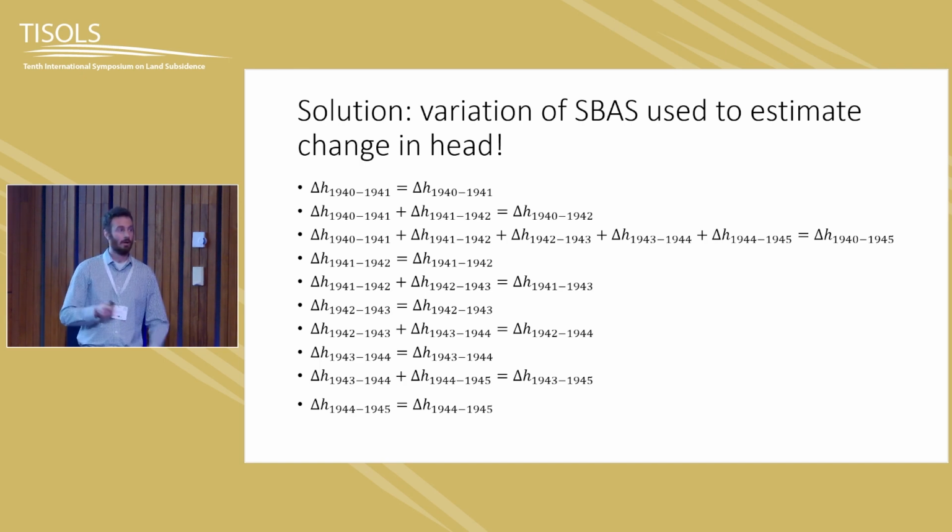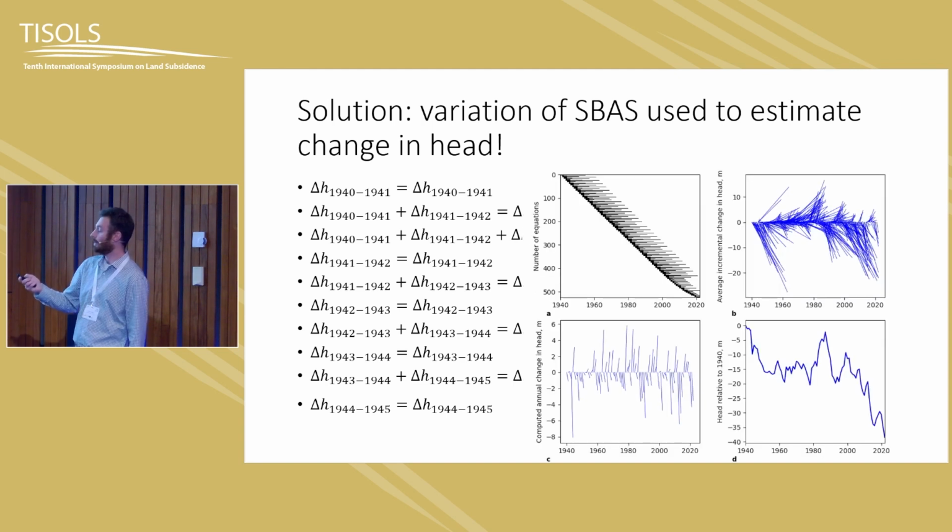So we end up with all these measurements of change in head that we can put together across the whole valley. I can't show all the equations you get, but you get over 500 equations and like 82 unknowns. So right, you could solve that system of equations to get your change in head. And this is a visual representation of what those equations look like with the duration between measurements.